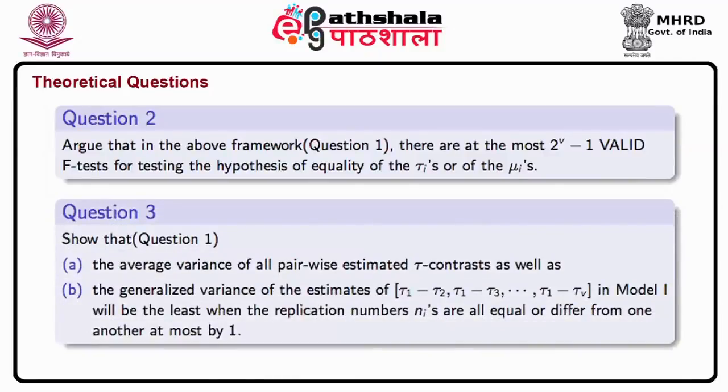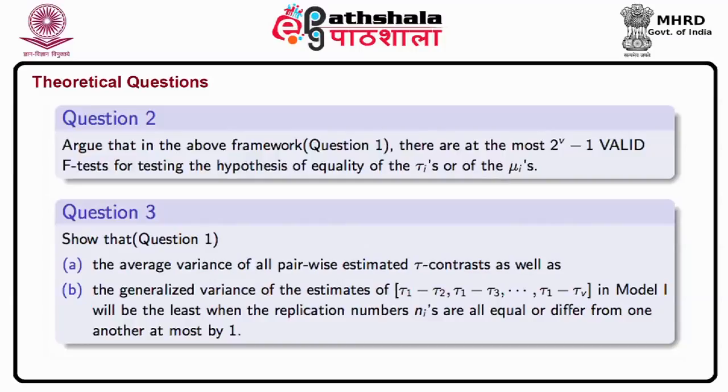And the third question is, show that in the same framework as question 1, the average variance of all pairwise estimated tau contrasts, as well as the generalized variance of the estimates of tau 1 minus tau 2, tau 1 minus tau 3, etc. up to tau 1 minus tau v in model 1, will be the least when the replication numbers ni's are all equal or differ from one another by at most 1.